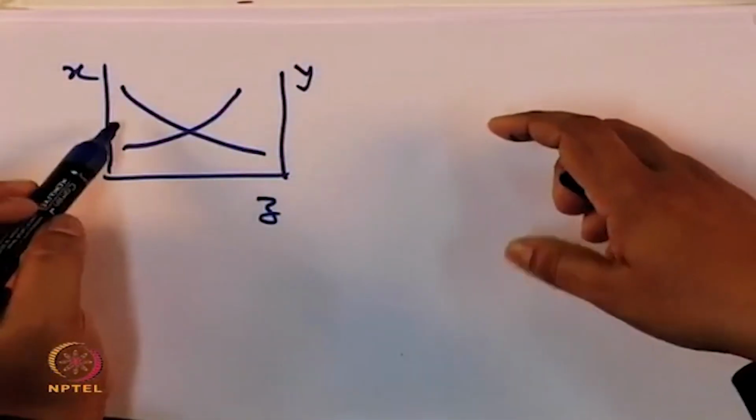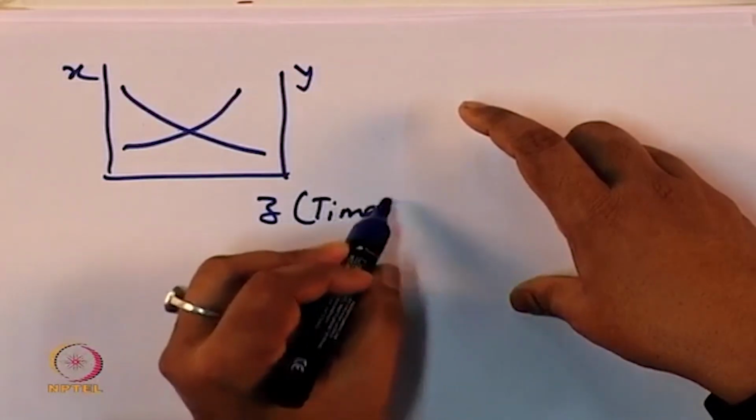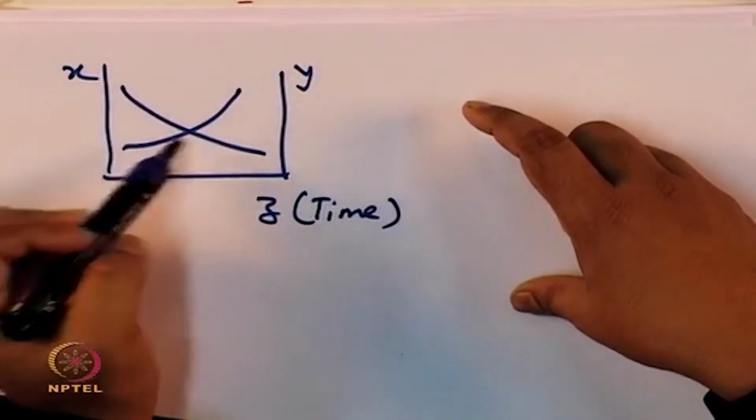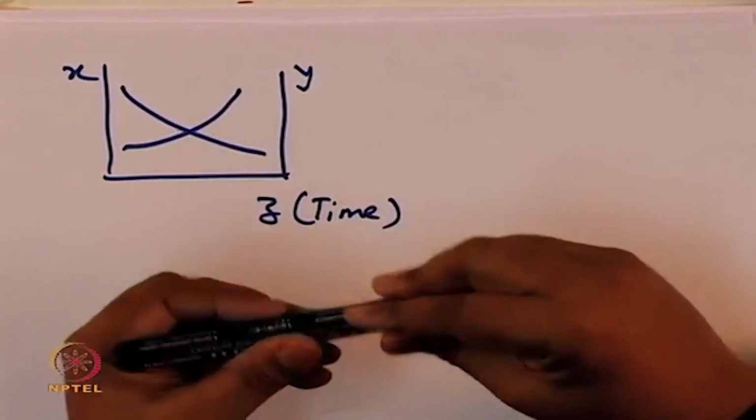As per the plot I have drawn, as x decreases with time, y increases with time, which tends to say that they are inversely correlated.